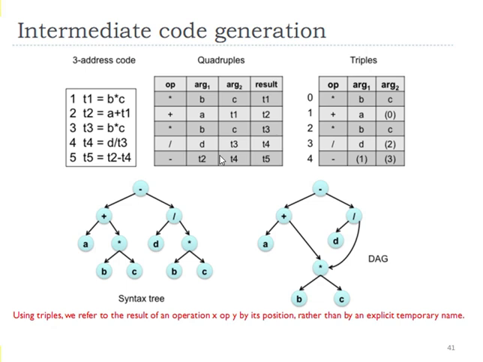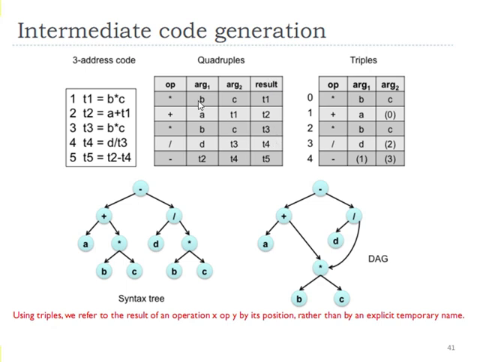So a quadruple is another form of intermediate representation that is using 4 columns. The columns correspond to the operator column, the first argument column, the second argument column, and the result column.